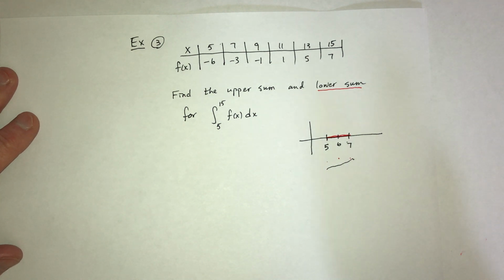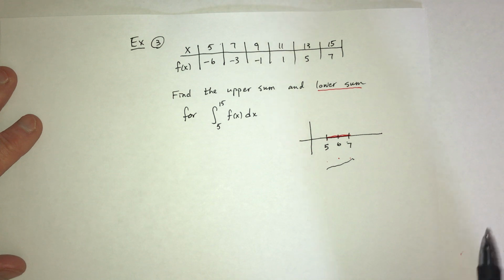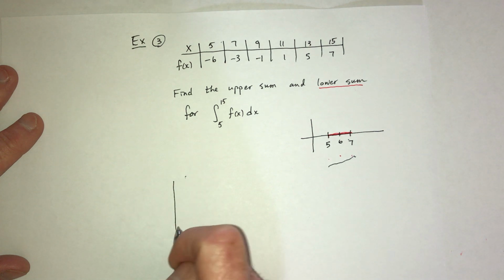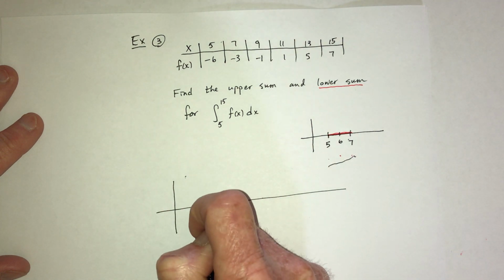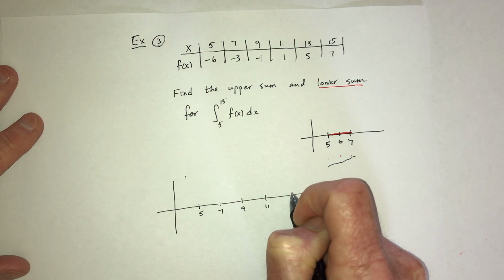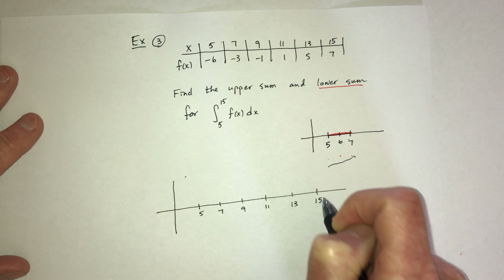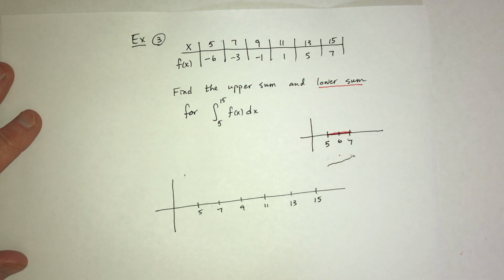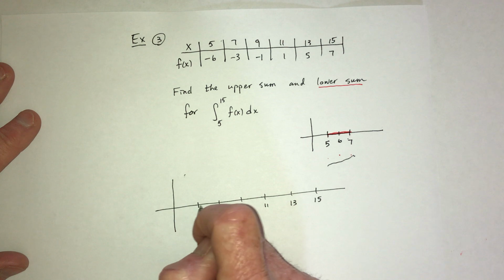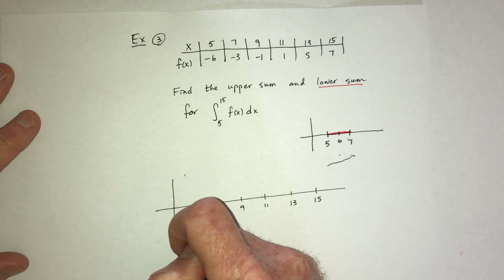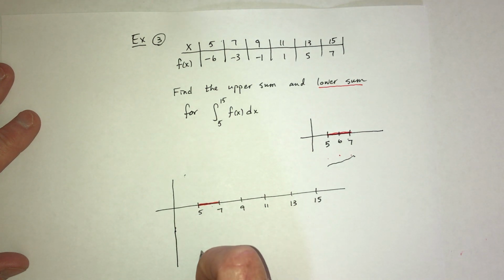I think it would be better if I draw more of the picture than just that. So 5, 7, 9, 11, 13, 15. So we have 1, 2, 3, 4, 5 things that we need to add up. So when you're using this interval from 5 to 7, at 5, when x is 5, then the y value is down here at -6.